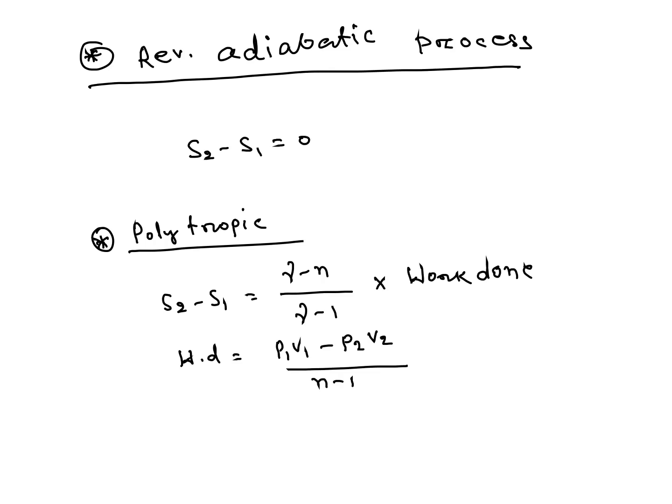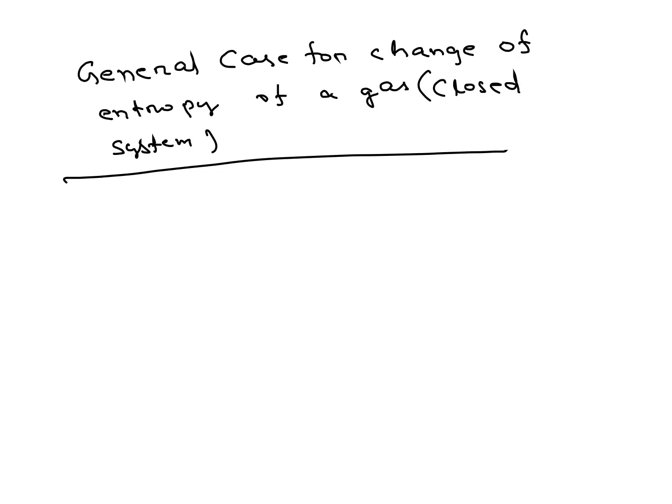And in general, the entropy change of a gas for closed system is this one, very useful in solving problems. They are asking problems, and at that time we have to use this formula. GATE also they are asking this type of problems. ISRO also.